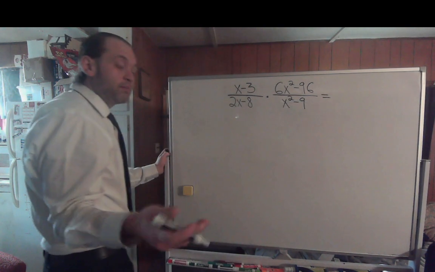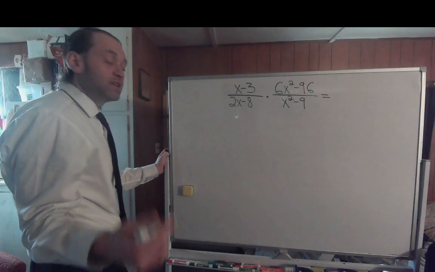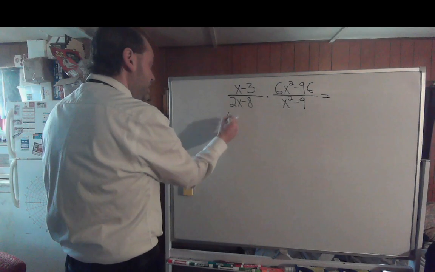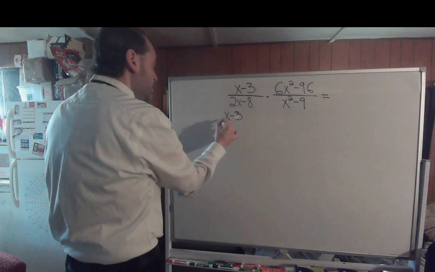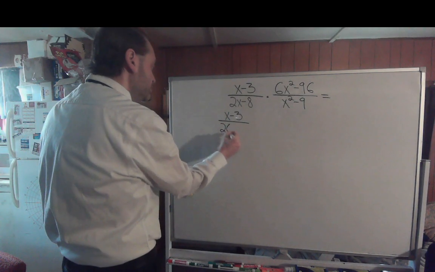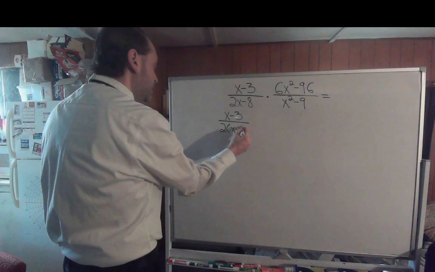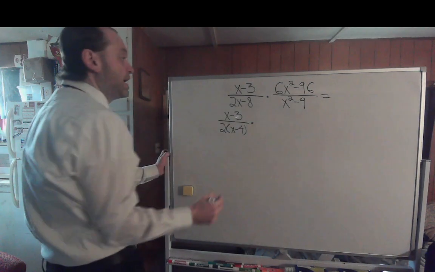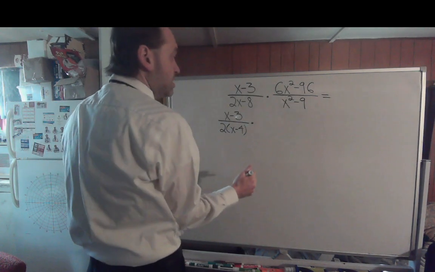The goal of factoring is to see what you can cancel out. So for the left term, you would have x minus 3 over your denominator. Well, you have a common 2. This would turn into 2 times the quantity of x minus 4 times, now you have your second term.